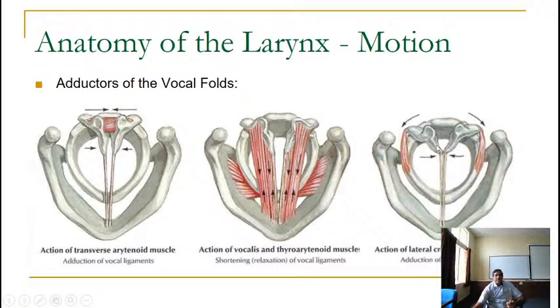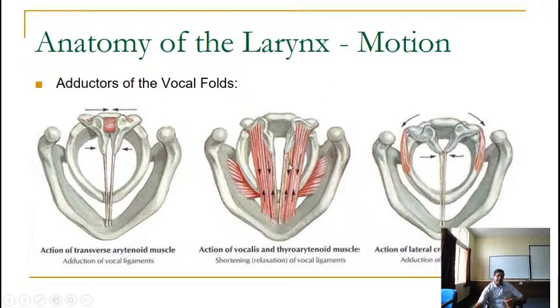And apart from that, you have the other muscles which are attached from the arytenoids to the posterior surface of the lamina of the thyroid cartilage.